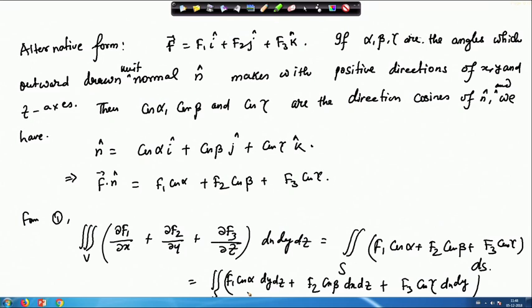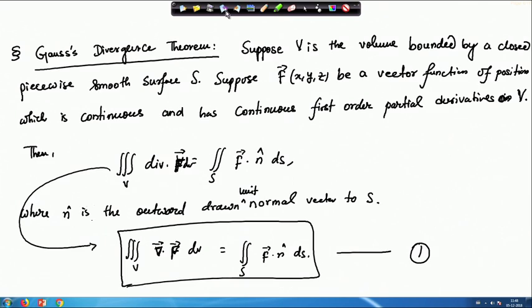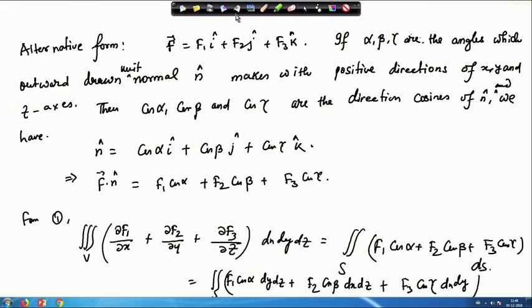This is how we express this in terms of the Cartesian coordinate system. Now nothing is in the vector form, everything is in the Cartesian coordinate system, and based on this given form, we can express this volume integral in this way.